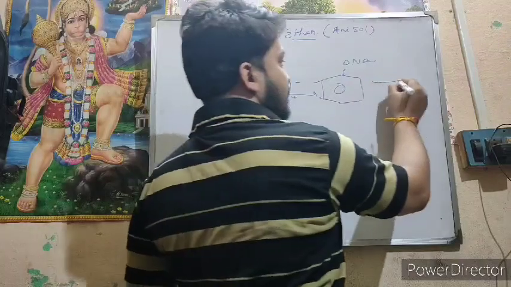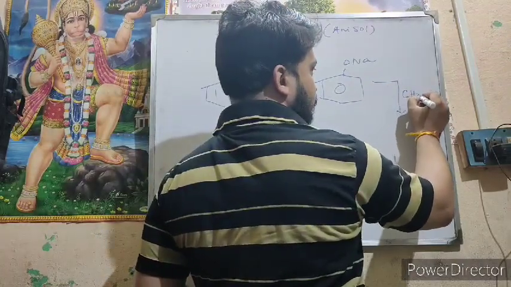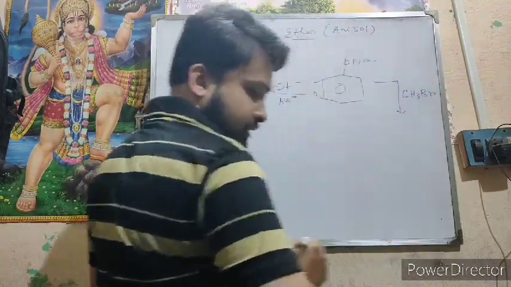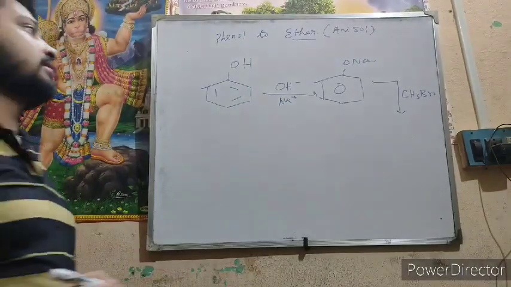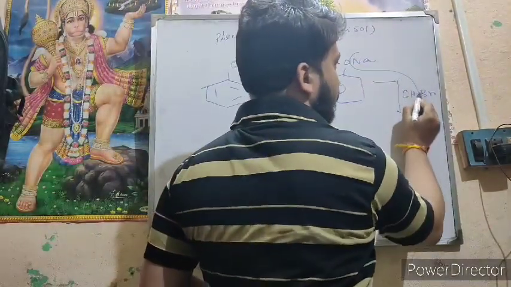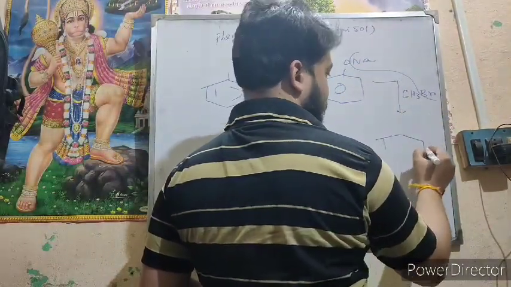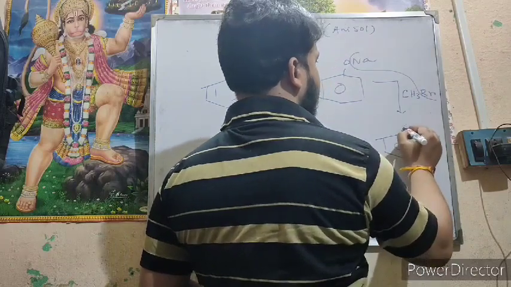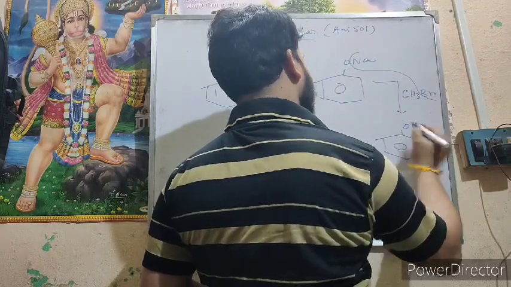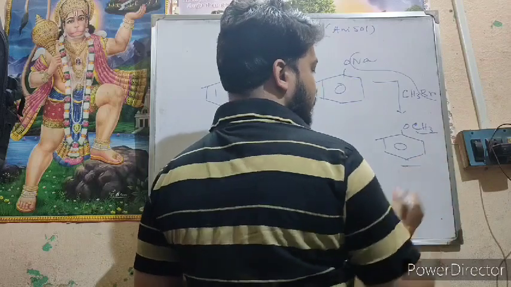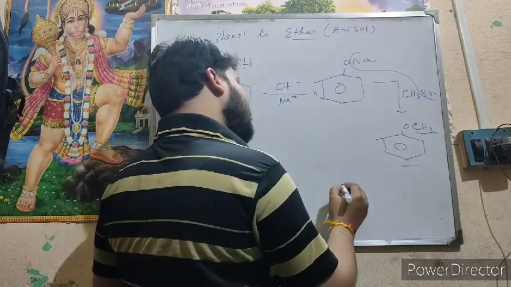Then you react it with CH3Br, NaBr is removed, and the product is C6H5OCH3, where one side is R and the other is Ph.